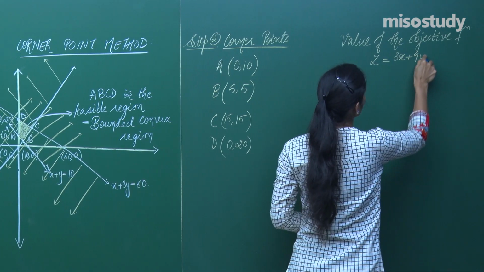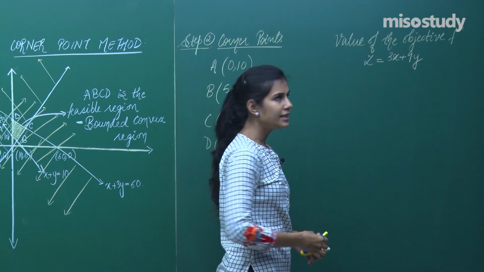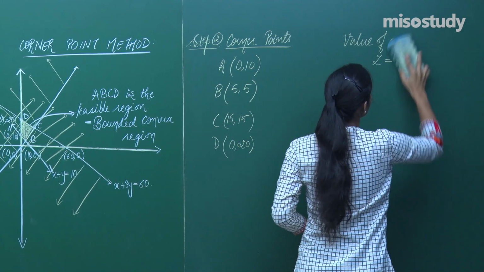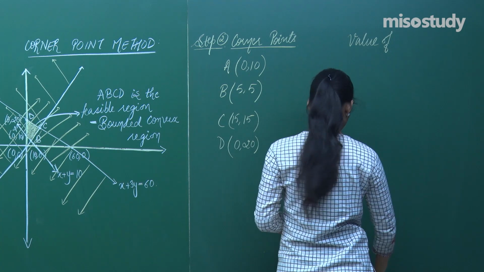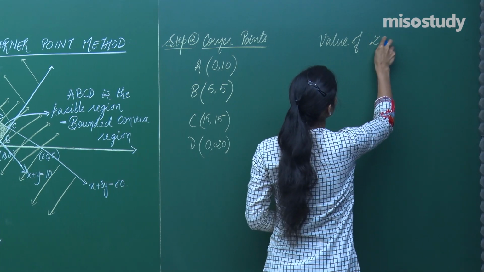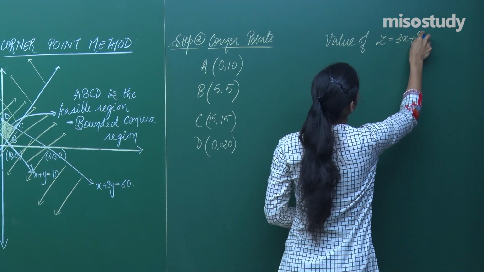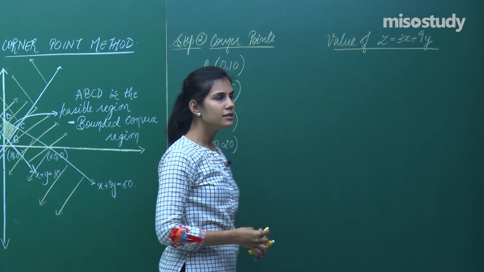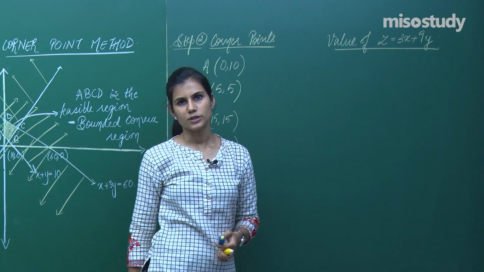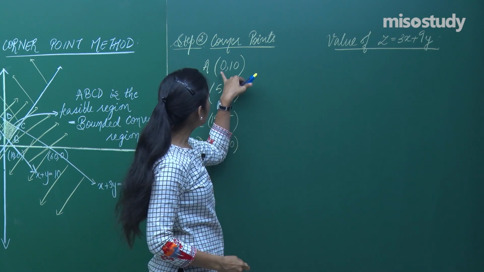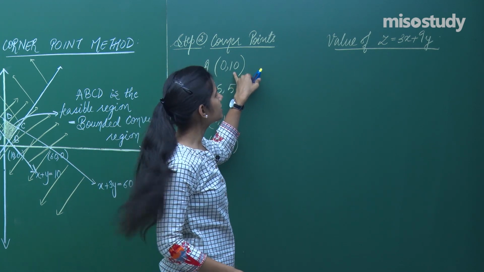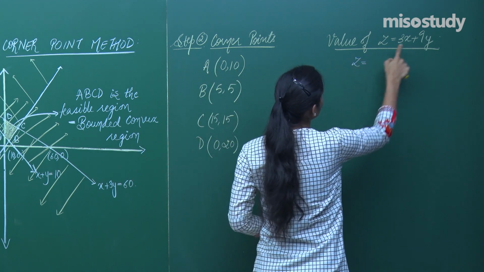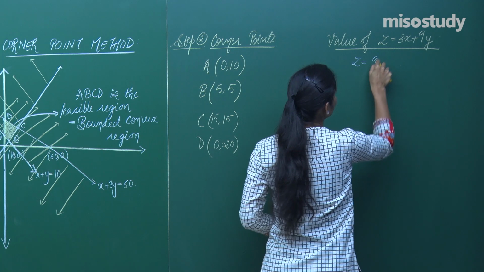Either you can write it like this or you can simply say value of z is equal to 3x plus 9y. That is already my objective function, that's known to me. So let's find out when x is 0, y is 10, what is my value of z. Here z is equal to 3 times 0 plus 9 times 10, so the value is 90.